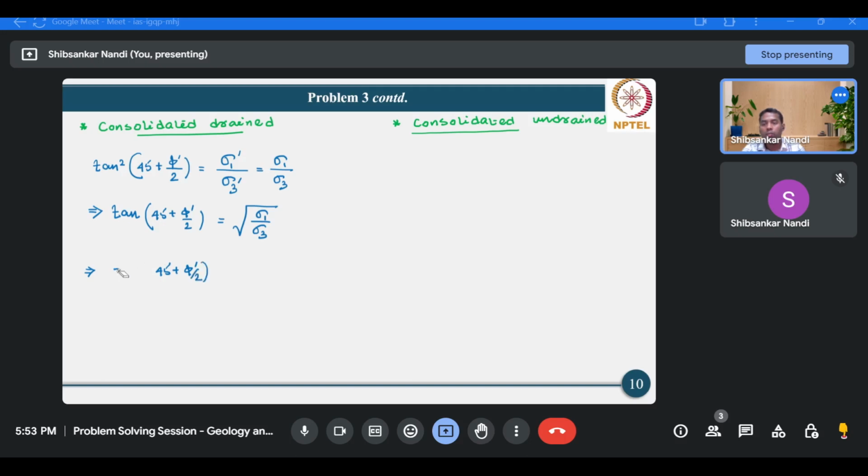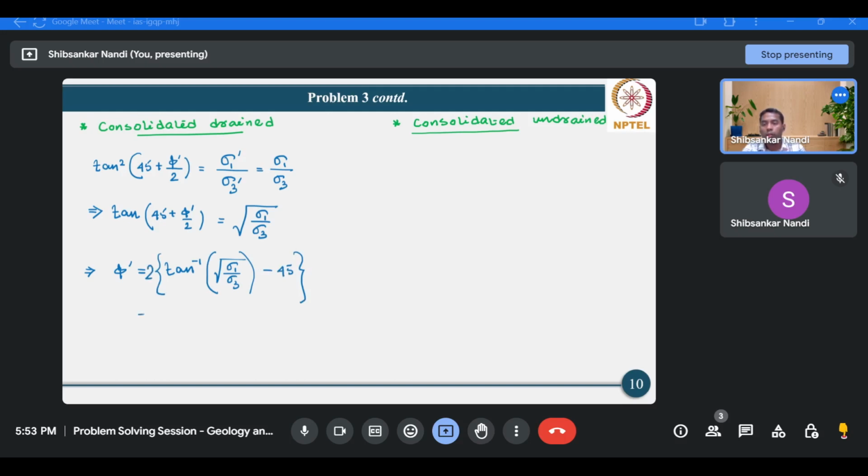So essentially the phi prime value would be tan inverse of sigma 1 by sigma 3, minus 45, multiplied by 2.